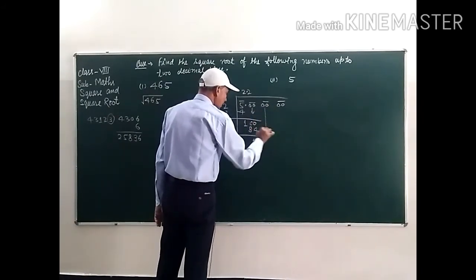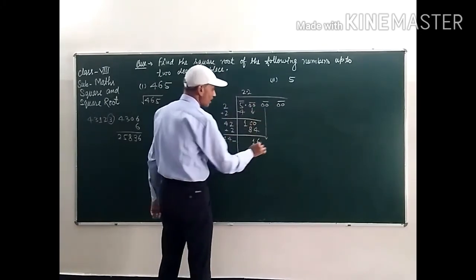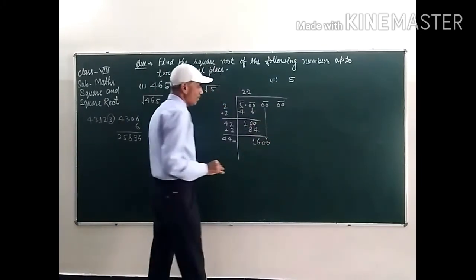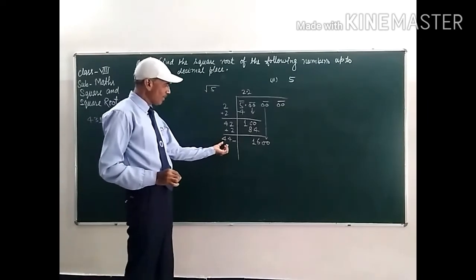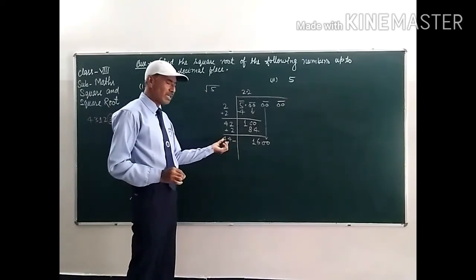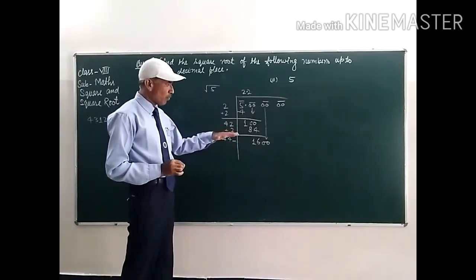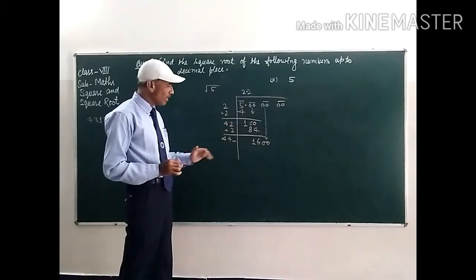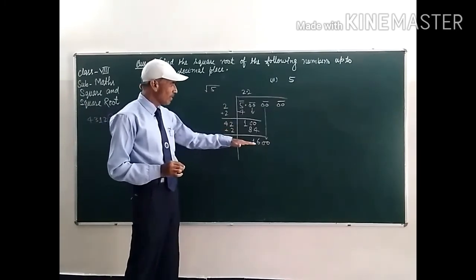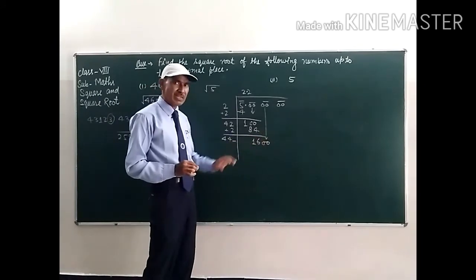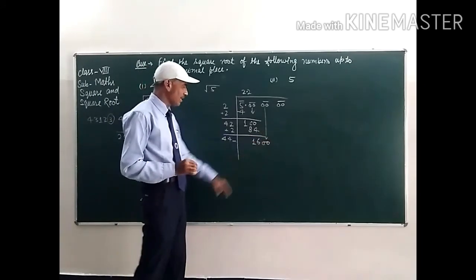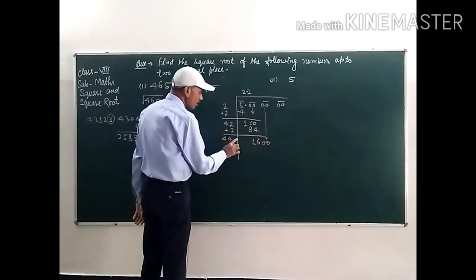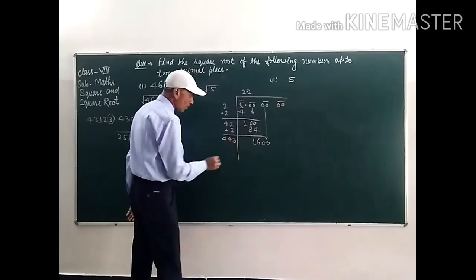Now take this number below, 1600, and the number is 440 to 449. 4 4 ja 16. Okay students, but 4 times it will be greater than 1600, so you have to take 3 here.